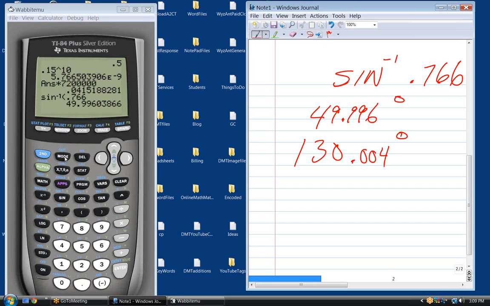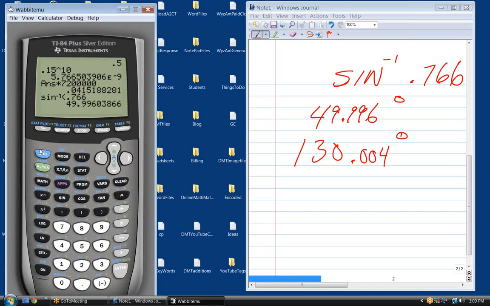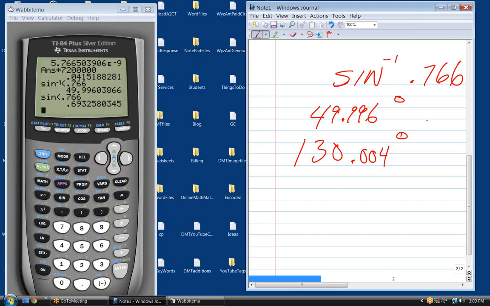Now, of course, if we want to put it into radians, I have it in radians. It's 0.872. You want me to check it? Inverse sine of 0.766. What'd you get? I got 0.872 for some reason.